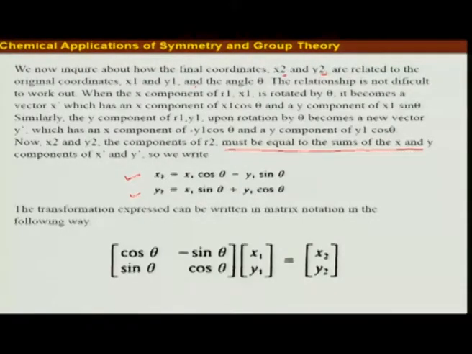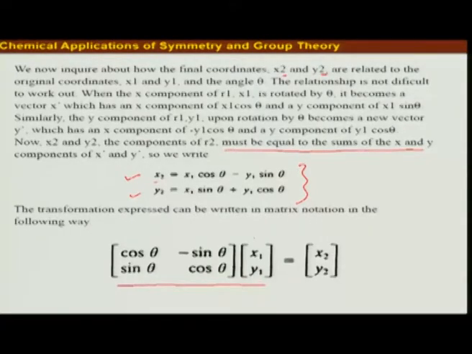Now once you have written down these equations, you can find out the transformation matrix, because your aim is to find out what x2 and y2 are. Now you have found x2 in terms of x1, y1 and theta, and you have found y2 also. So if you couple these two equations, you can very easily find the matrix for that. The matrix form that you will find if you utilize these two equations is here.